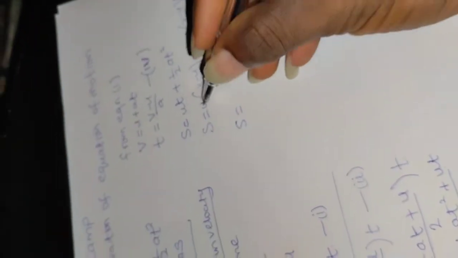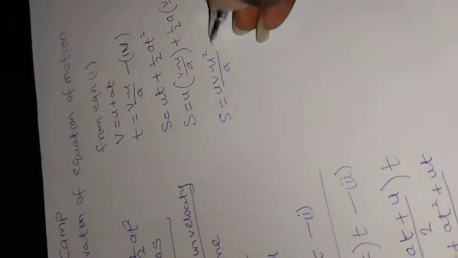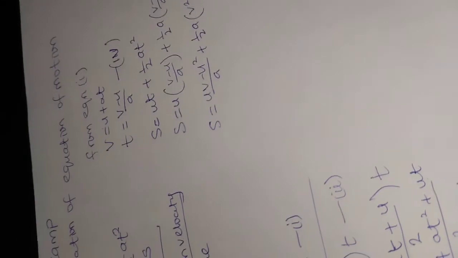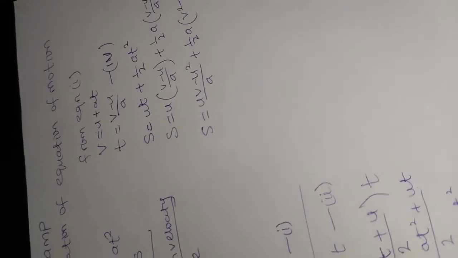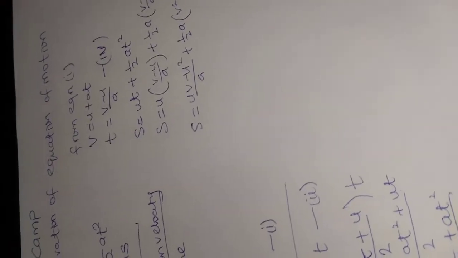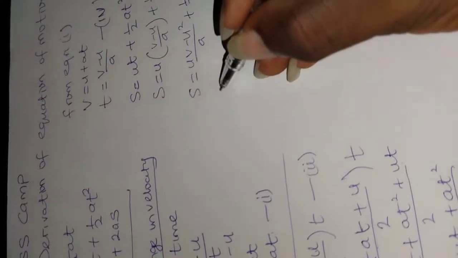s equals this, multiplying everything inside the bracket apart from the a: uv minus u squared over a, plus half a times v squared minus uv minus uv plus u squared over a squared, a times a.